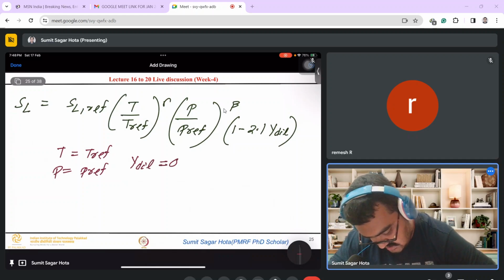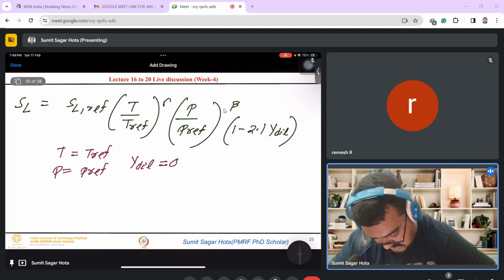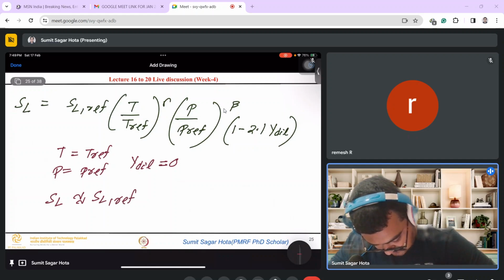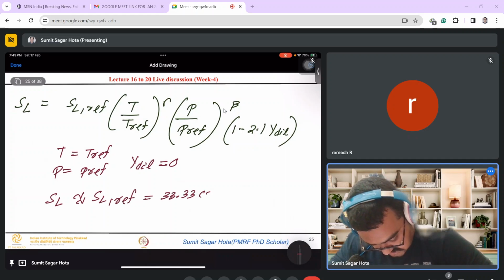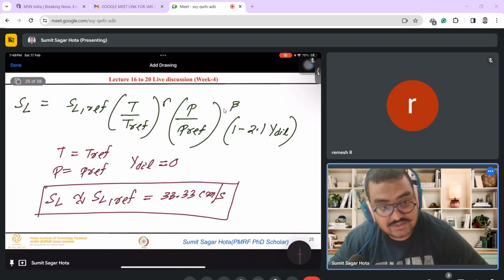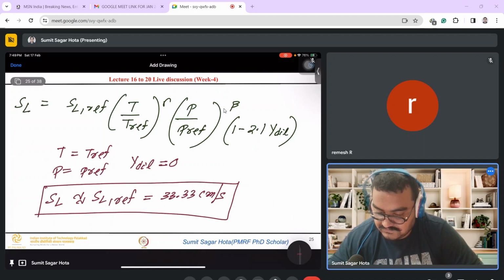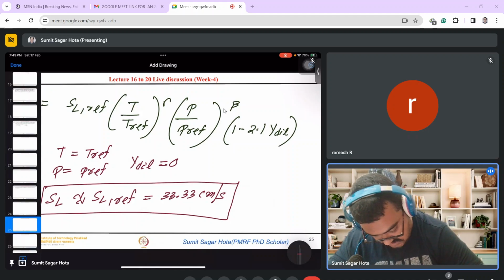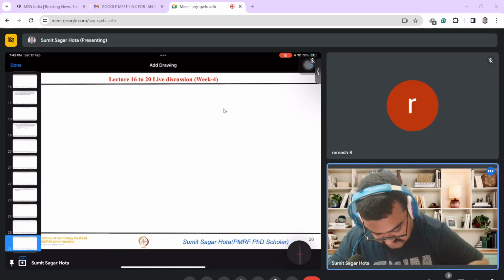If these conditions are true, then S_L is equal to S_L ref, which is 33.33 centimeter per second. So when at the reference condition, S_L is equal to S_L ref, the reference flame speed.